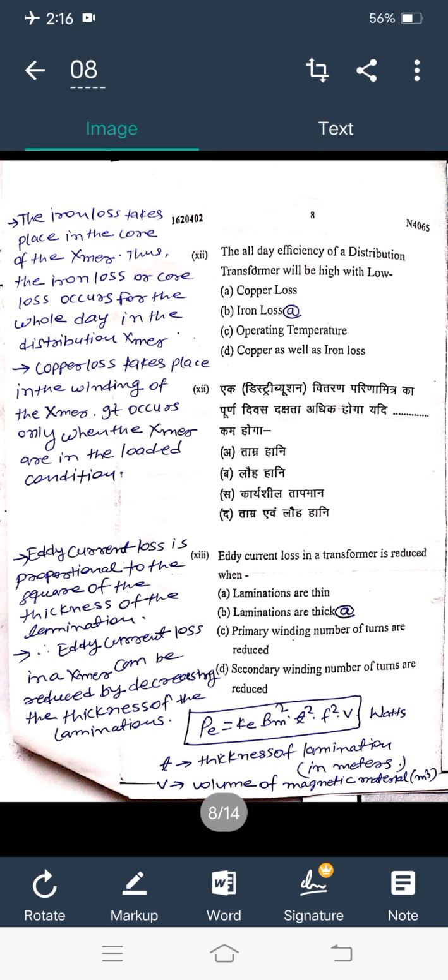Next, question 13. Eddy current loss in a transformer is reduced when laminations are thick.